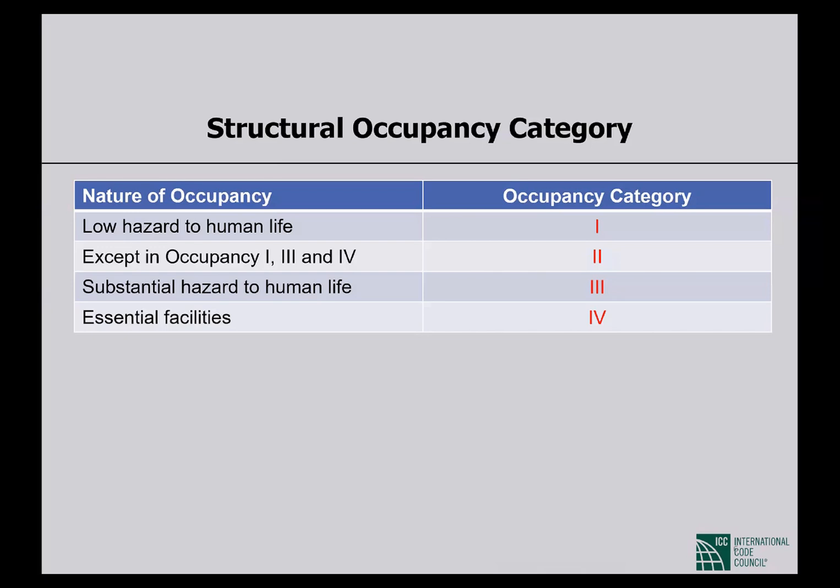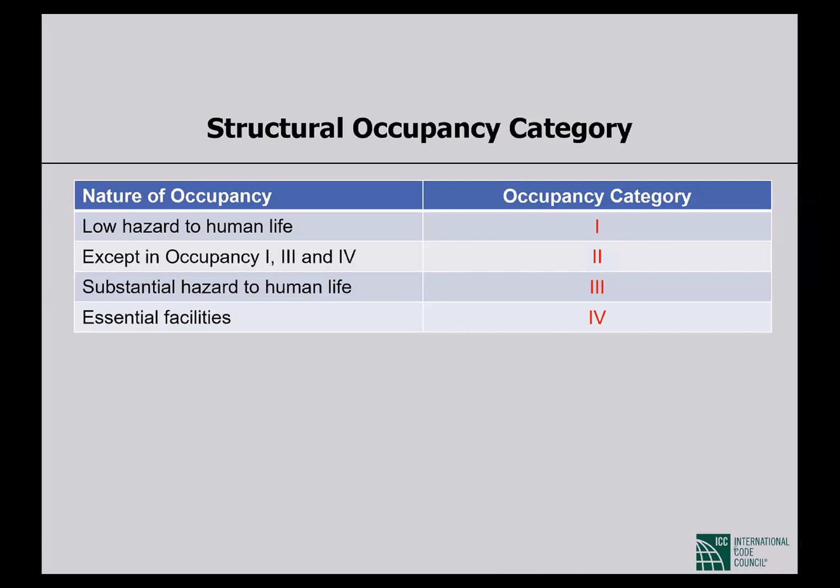For example, a silo to store grains, for example, rice or sugar. If it collapses, there will be economic loss, but there's very little chance that human lives will be in danger. So that is a low hazard building.